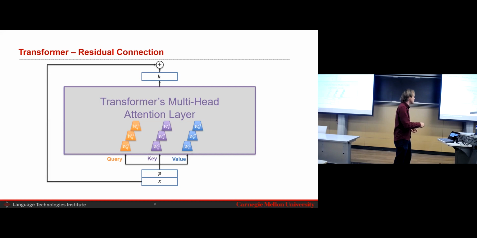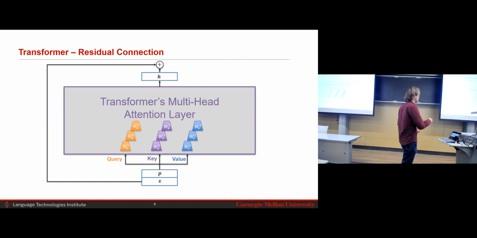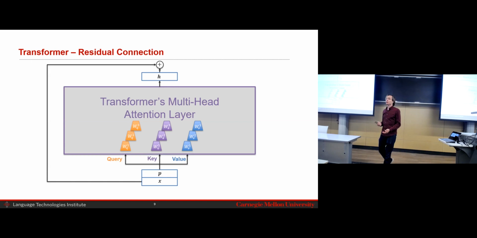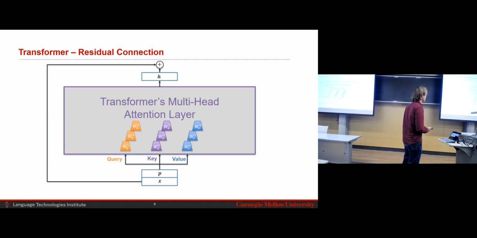So here's my original representation of the word, and the attention is designed, at least in most transformers, as a residual. It's not a requirement, but most transformers are designed so. Residual in the sense that you are learning a way of shifting the original information. We'll see some architectures that do not do the residual, but most of them do.